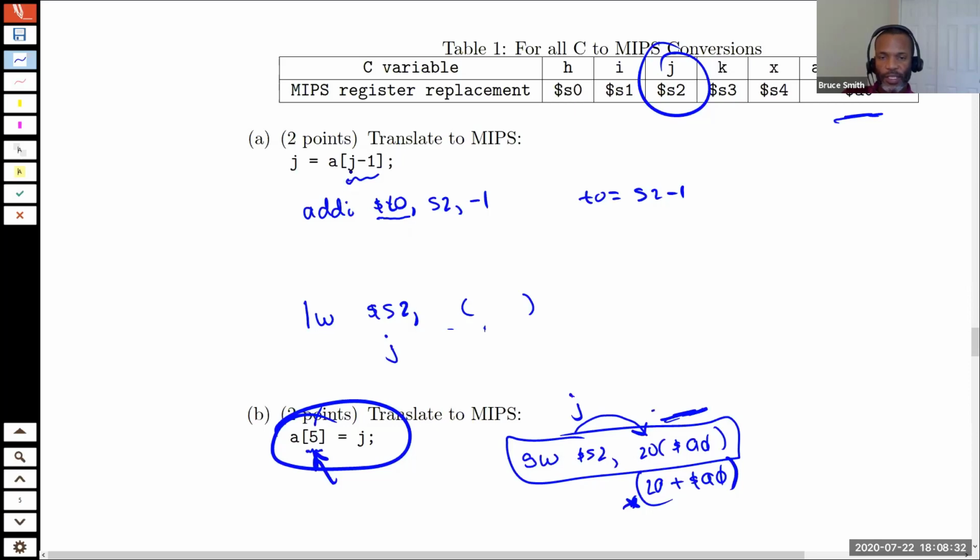Now that I have it, I want to multiply whatever this index is by 4. With binary numbers, when I shift left, it's equivalent to multiplying.